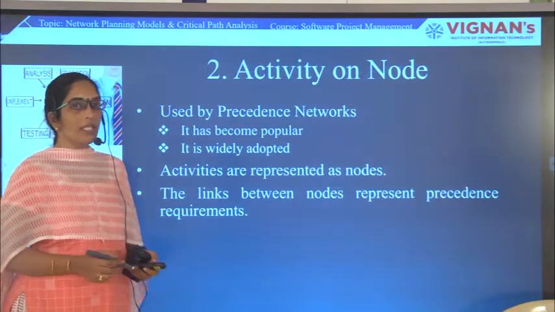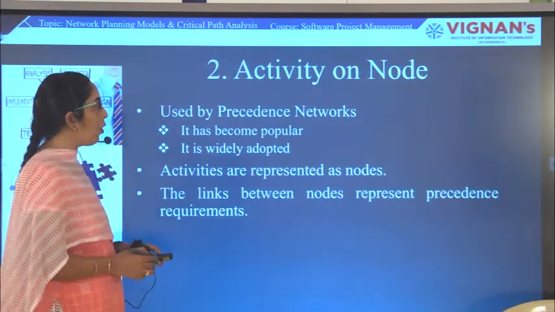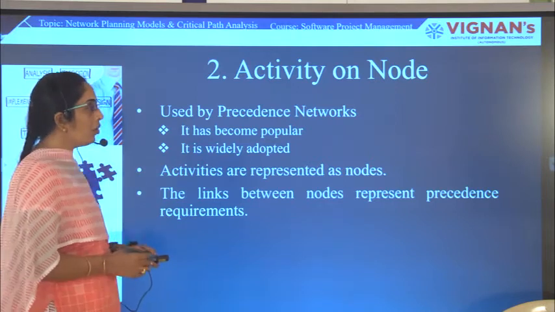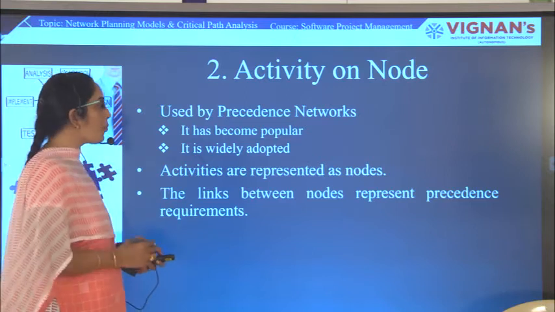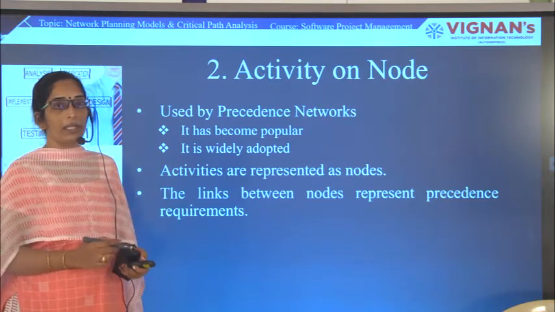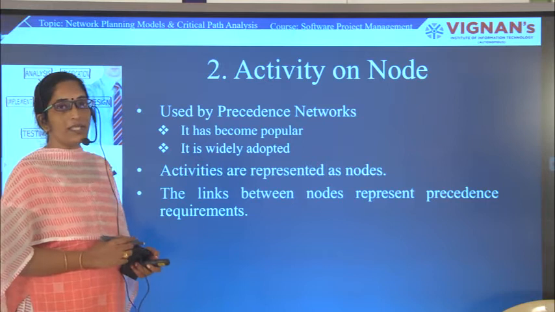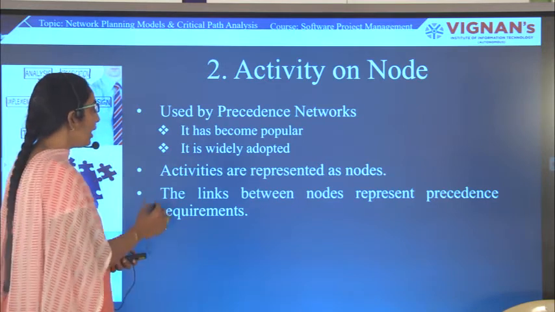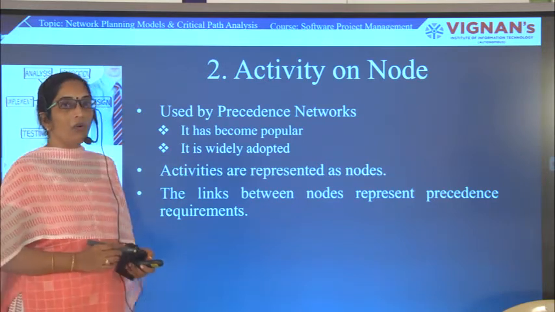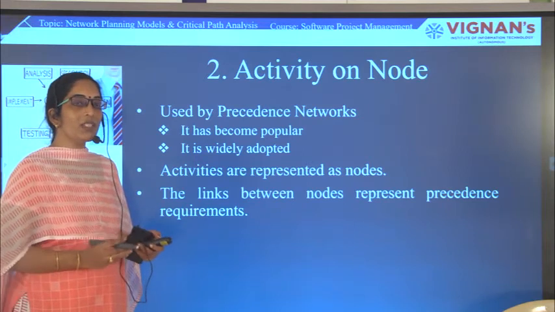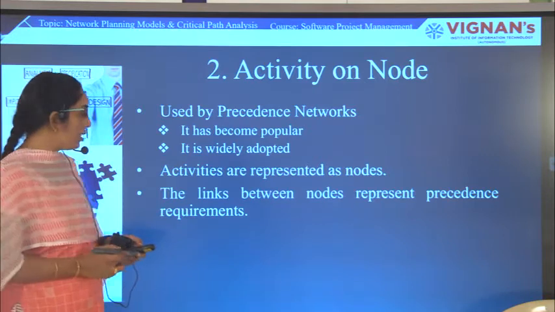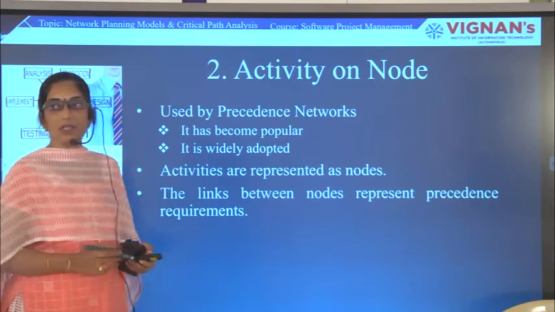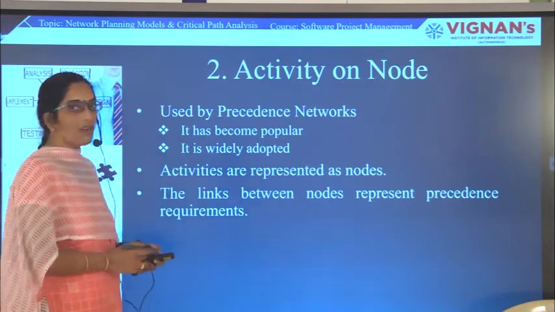Now let us move to the next one, activity on node. In general, activity on node is the most popular and widely adopted technique, used in precedence networks. Here the activities are represented as nodes, and the links between nodes represent precedence requirements.